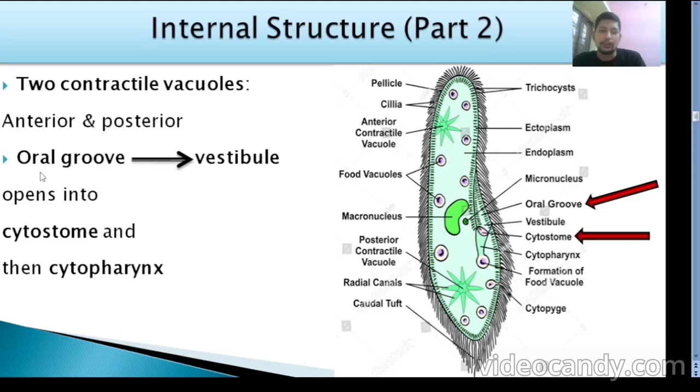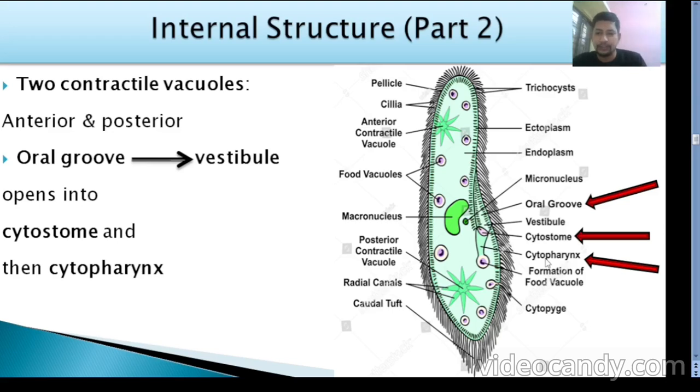So the oral groove leads to a V-shaped space called vestibule, and the vestibule opens into an O-shaped chamber called cytosome, and the cytosome leads to the next part called cytopharynx. These are the important parts of the digestive canal of the paramecium.